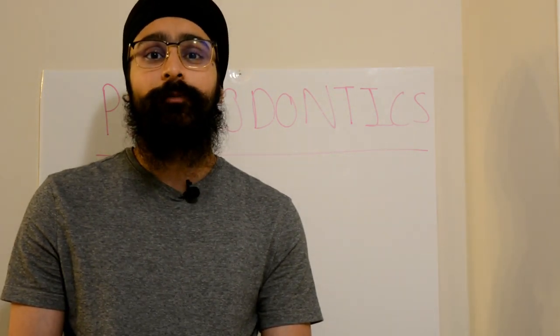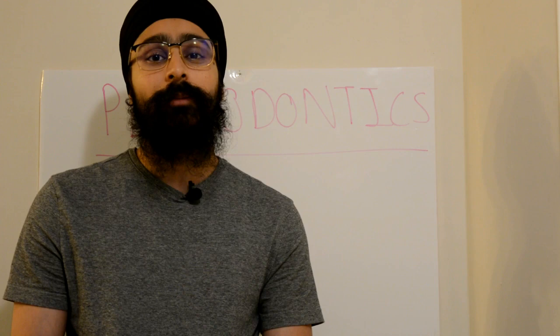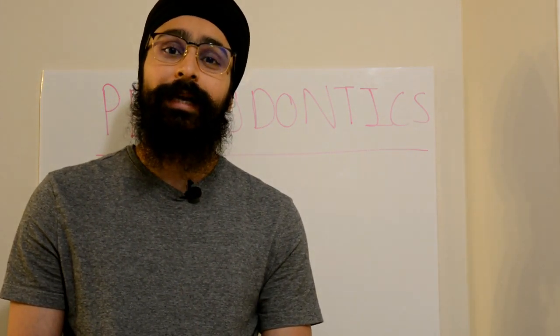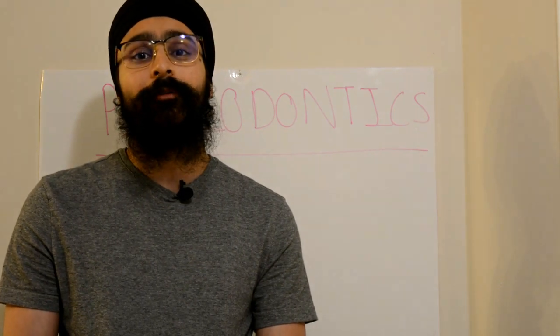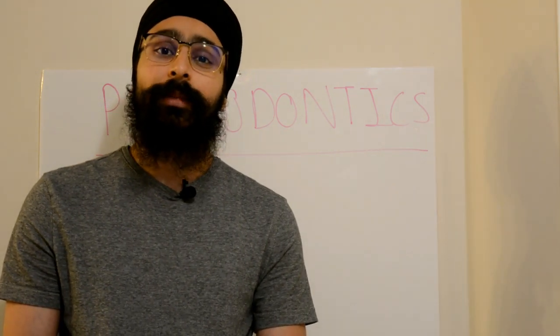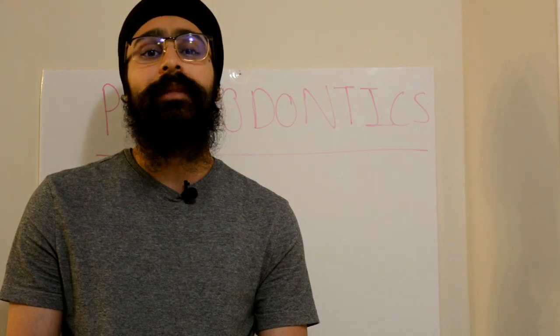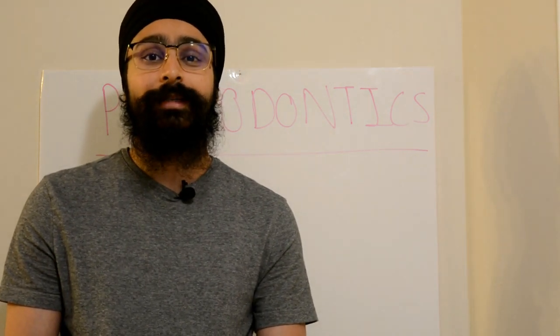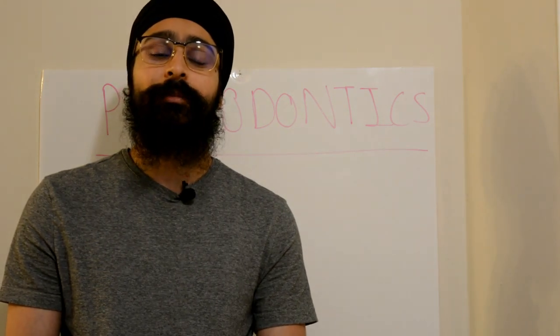I will explain what a perio chart is, how to come to a diagnosis by looking at the perio chart, and after that what the treatment should be when you have already diagnosed a disease based on additional information and the perio chart that has been given to you in the exam. So friends, let's start with the general terminologies.